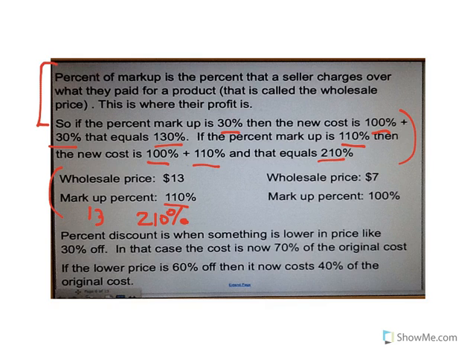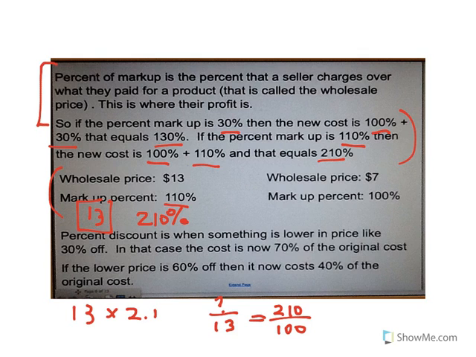So what's going to happen here is that this is the original amount, and if you want, you could just multiply 2.1 times 13. That's one way of doing it. Or you could set it up as this: 210 over 100 is equal to, that's just the percent part, and then 13 was the original amount, and now we have a new, more expensive piece here.